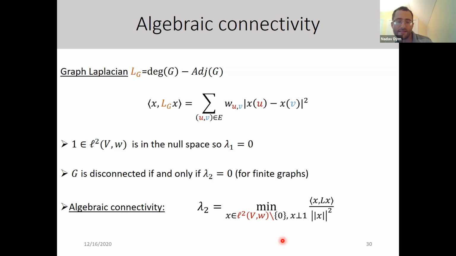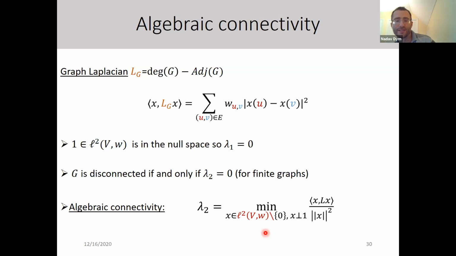And this definition, worth pointing out, is always valid even if the graph is not finite. So maybe there isn't a second eigenvalue, so this 2 is not exactly justified, but the definition on the right-hand side is justified.